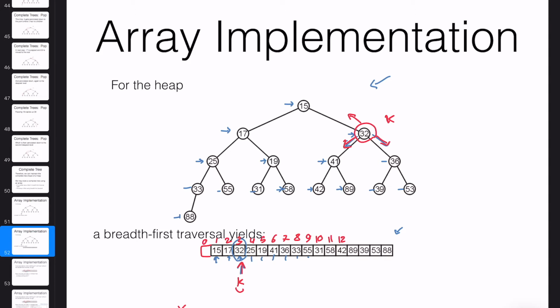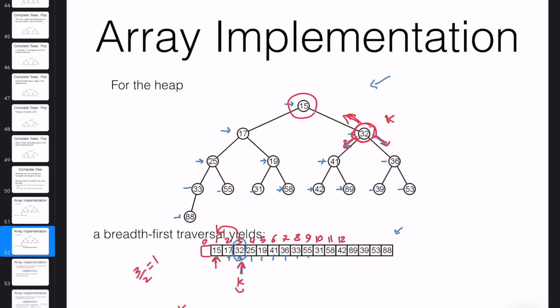This is going to be index 3 divided by 2, integer division, right? So the result is going to be 1. So the parent of 32 has been stored at index 1. Now you can see that at index 1 we have exactly the value 15, the parent of the node 32.